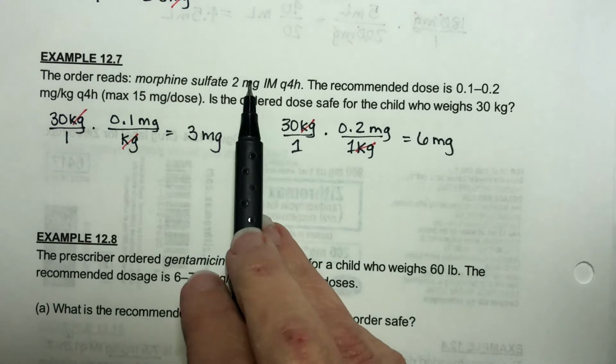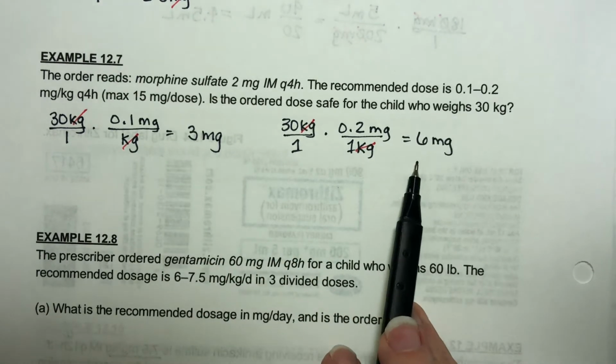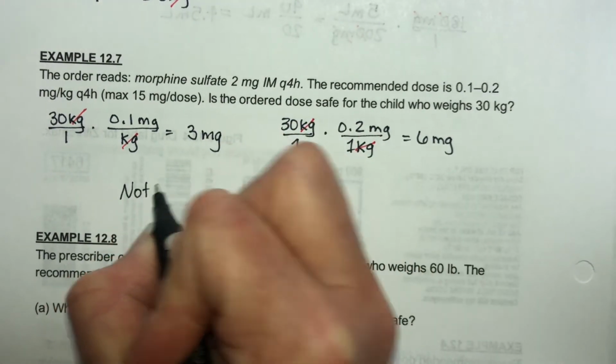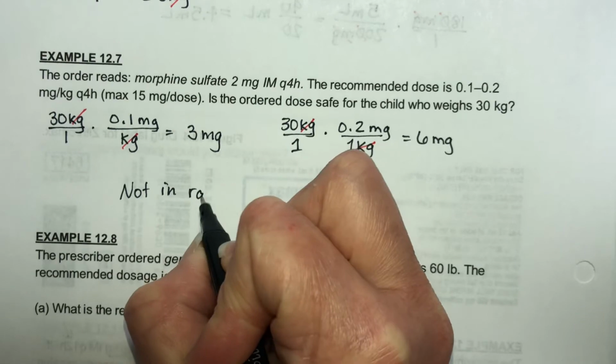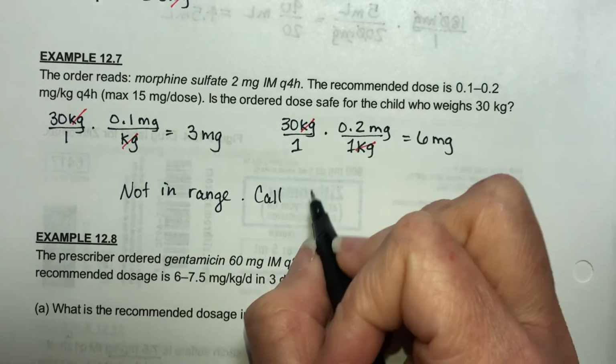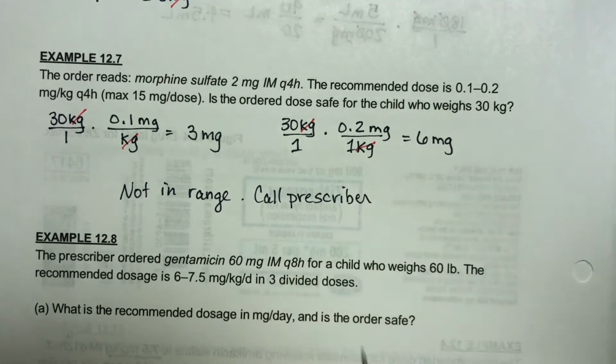So our ordered dose was 2 milligrams. The safe dose is between 3 and 6. So this isn't in the recommended range. You're going to call the prescriber.